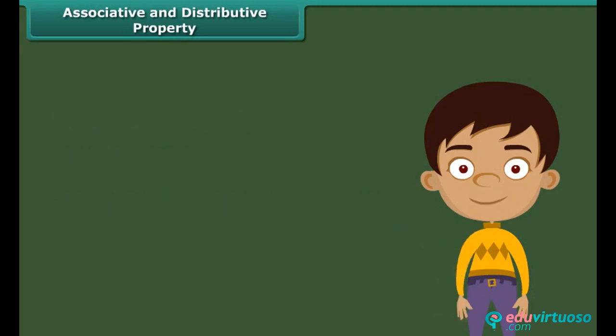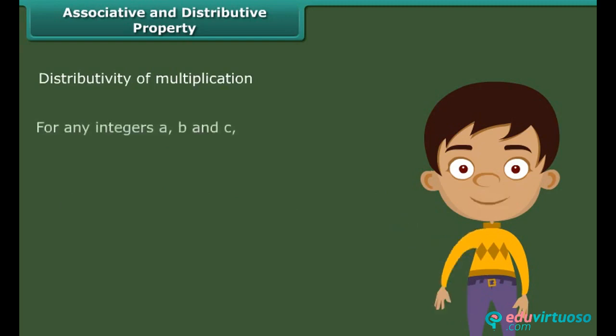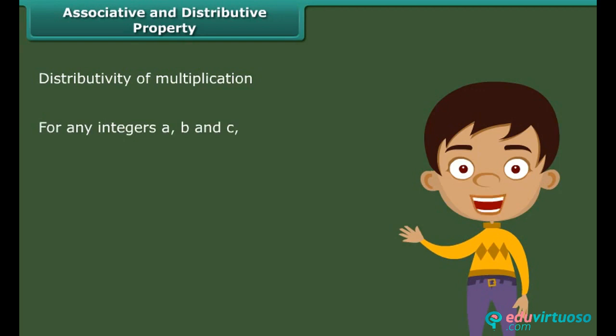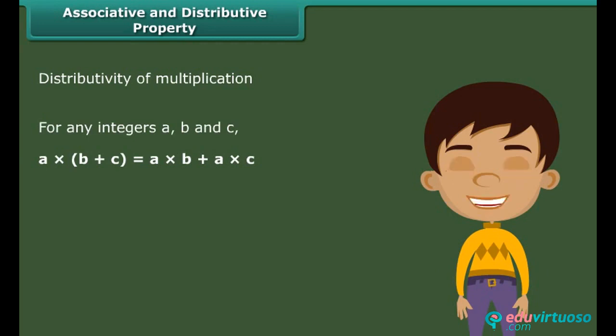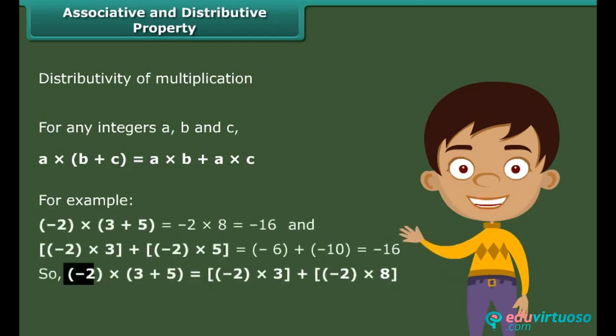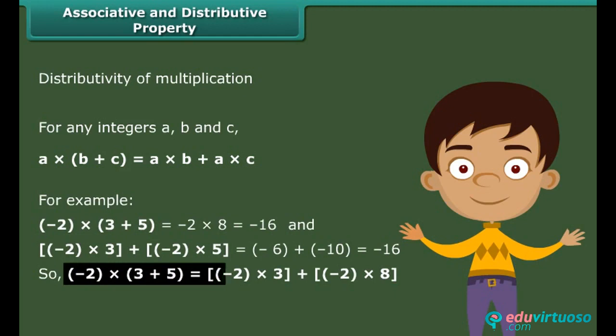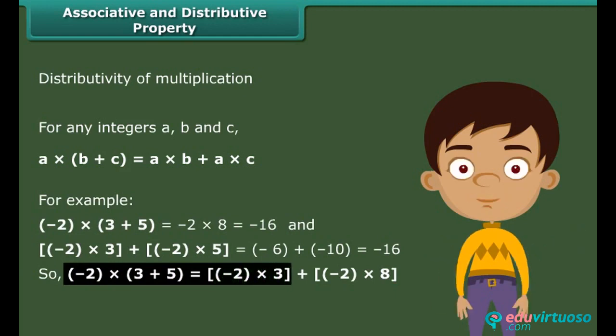Now let us move towards the distributive property of multiplication. For any integers a, b, and c, a into b plus c is equal to a into b plus a into c. For example, minus 2 into 3 plus 5 is equal to minus 2 into 3 plus minus 2 into 8.